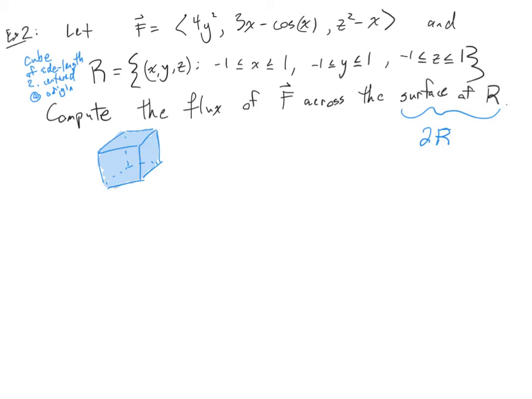If I were to compute the flux across the surface, what I would need to do is split up the integral of the flux into many different integrals, one for each side.